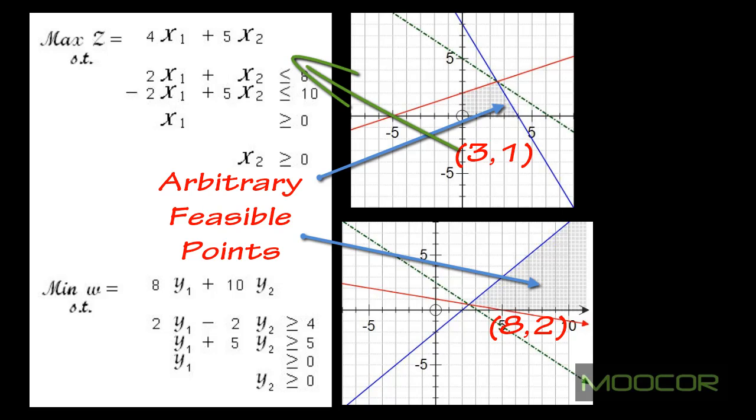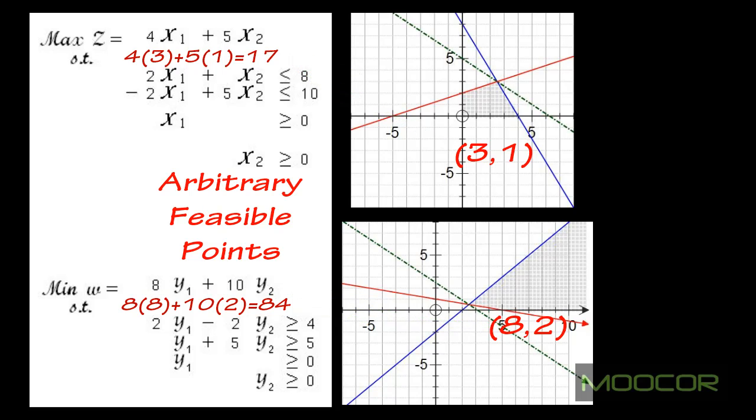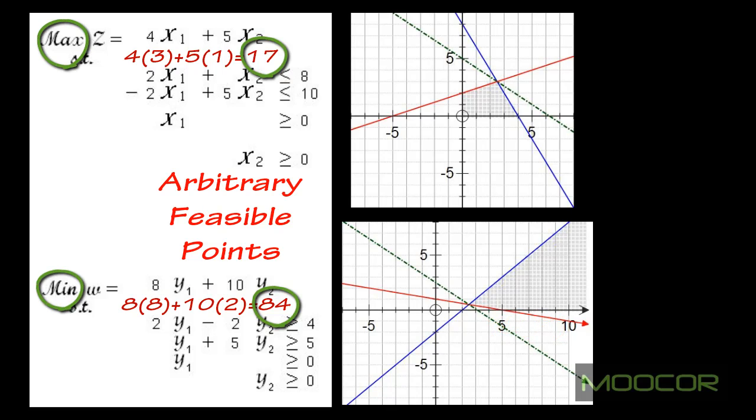Now, if I plug these values back into the objective function for each problem, for the first one, I will get the value of z as 17, and for the second one, I will get the value of 84 for w. So for maximization, I get 17, and for minimization, I get 84. Notice that the value of the maximization problem is smaller than the value of the minimization problem.